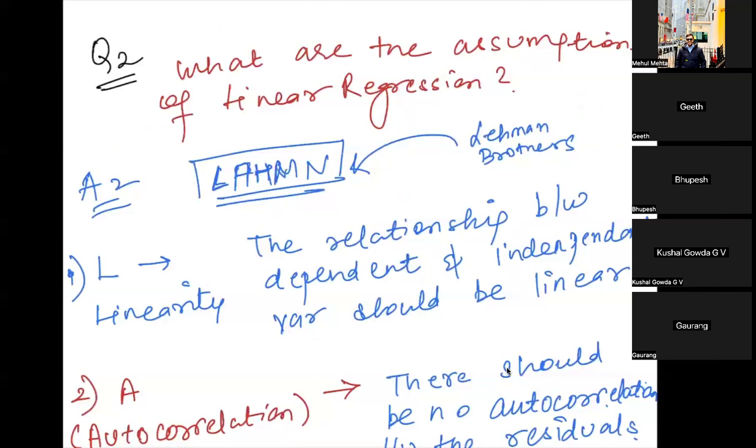M stands for multicollinearity, that there should be no multicollinearity present in your model, that is, the independent variables should not be highly correlated. And the last term is N, which is normality, which is that the residual should be normally distributed.